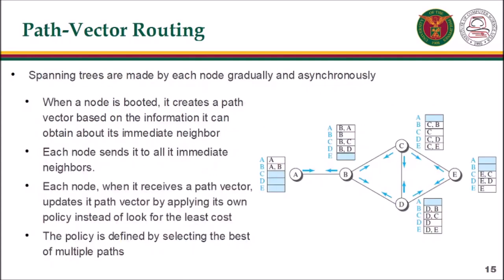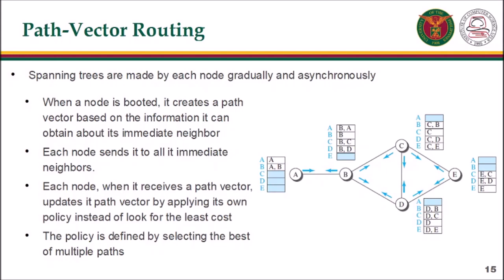Path vector routing, like distance vector routing, is an asynchronous and distributed routing algorithm. The spanning trees are made gradually and asynchronously by each node. When a node is booted, it creates a path vector based on the information it can obtain about its immediate neighbors. A node sends greeting messages to its immediate neighbors to collect these pieces of information.